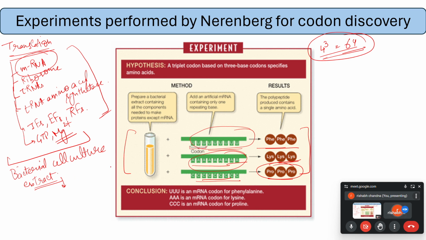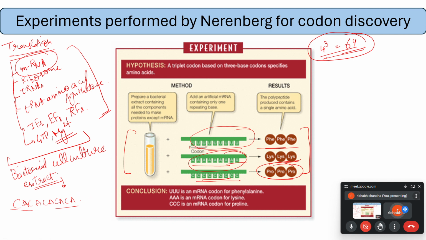So they devised certain other mechanisms. For example, they mutated certain bases and used this kind of sequence, so that they would know which amino acid would be encoded next in the chain. Similarly, they also used triplet codons. That would give us an idea whether a three-letter or a two-letter code is used for translating an mRNA to protein.